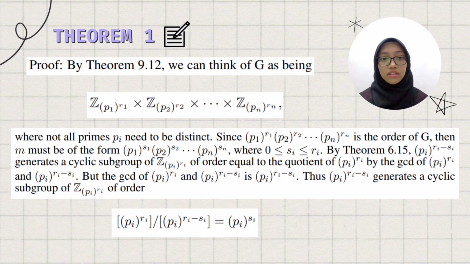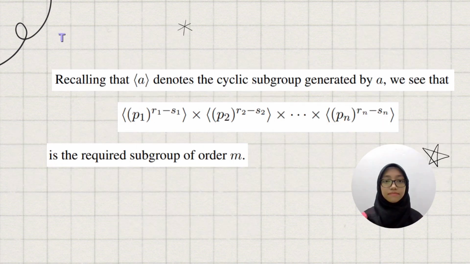But the GCD of pi to the power of ri and pi to the power of ri minus si is pi to the power of ri minus si. Thus, pi to the power of ri minus si generates a cyclic subgroup of integers modulo pi to the power of ri of order pi to the power of ri divided by pi to the power of ri minus si, which equals pi to the power of si.